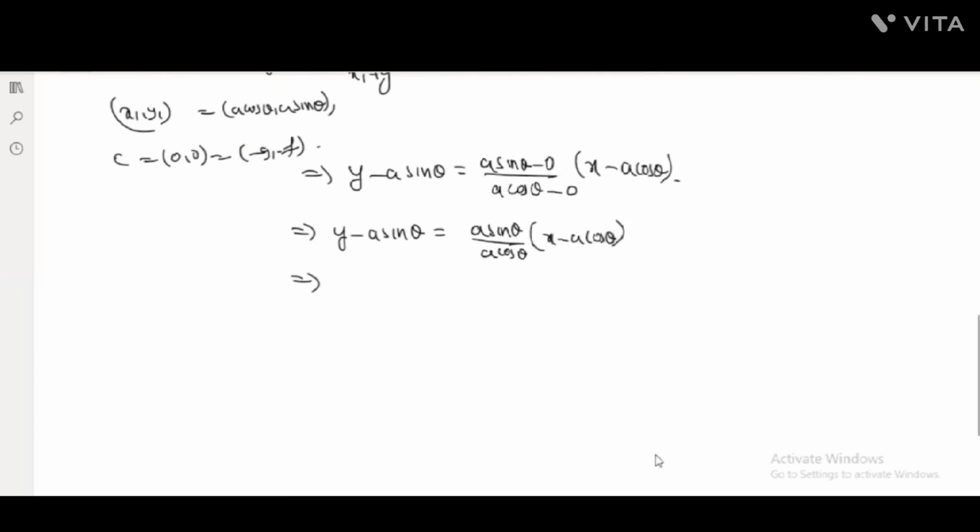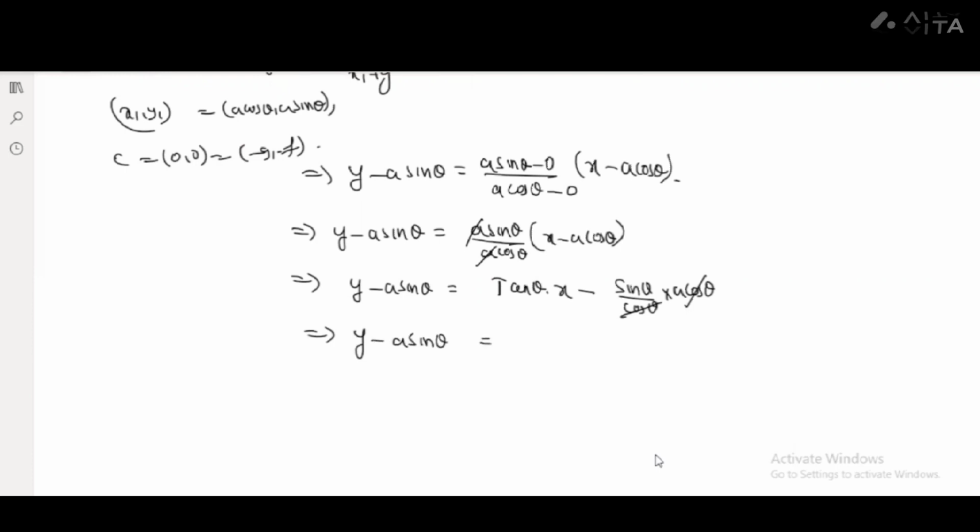Here a and a get cancelled. So y minus a sin theta is equal to tan theta into (x minus sin theta by cos theta into a cos theta). Here cos theta and cos theta get cancelled. Remaining is y minus a sin theta is equal to tan theta into (x minus a sin theta).